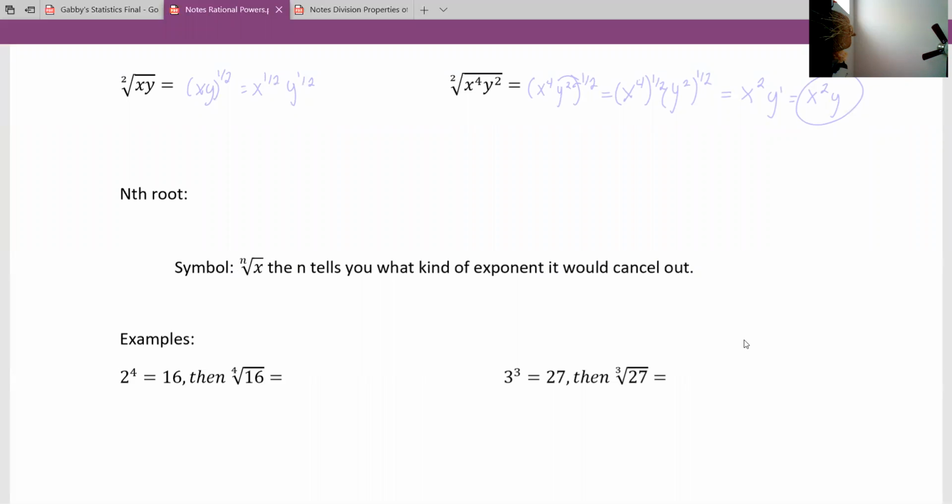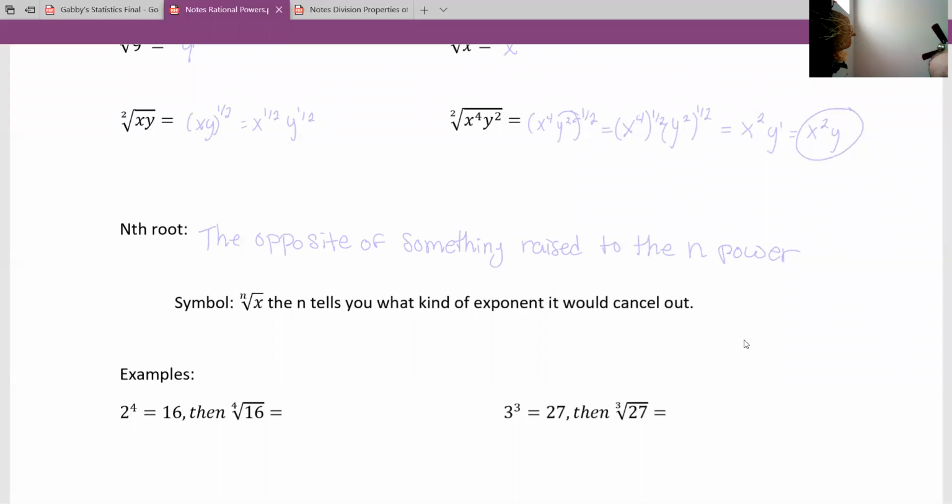An nth root is really just the opposite of something raised to the n power. So it's the same thing as a radical, but instead of having this little 2 up here, we can put any number there, and it's going to undo any exponent to that power.